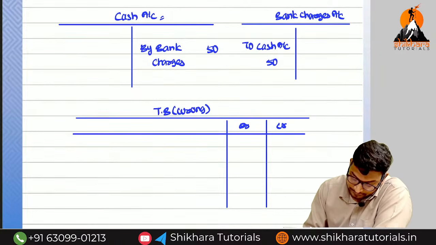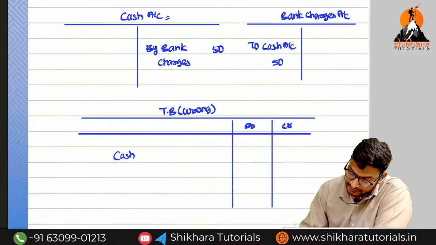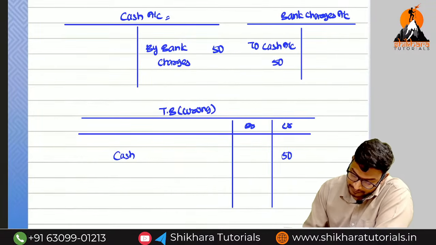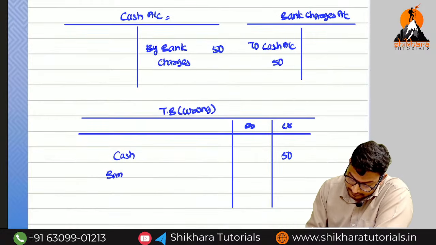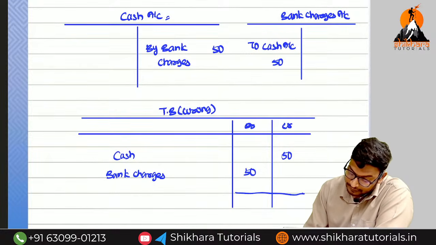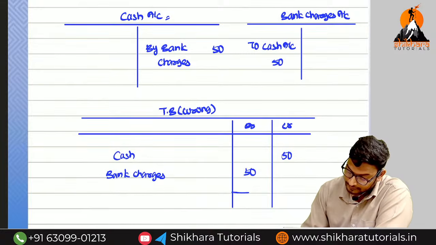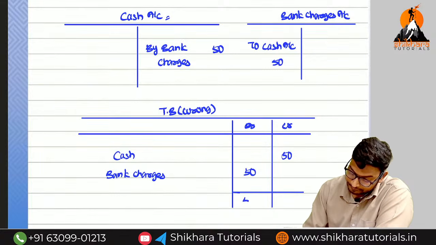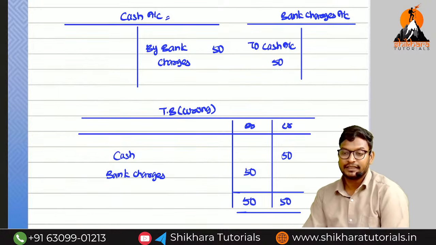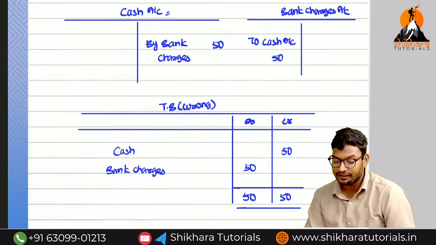So cash will be on the credit side of rupees 50, and bank charges will be on the debit side. What is the total? 50 and 50. So affecting or not affecting? Even though this is wrong, it is not affecting the trial balance.